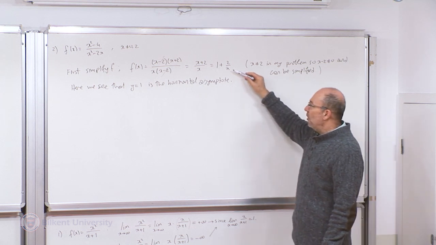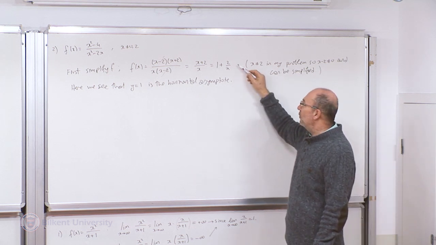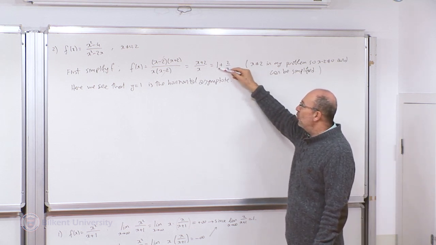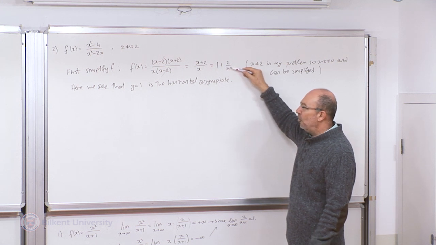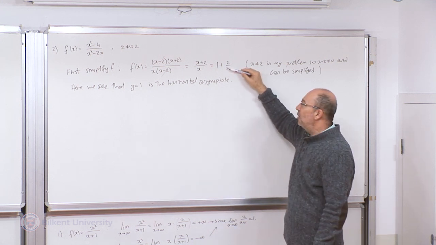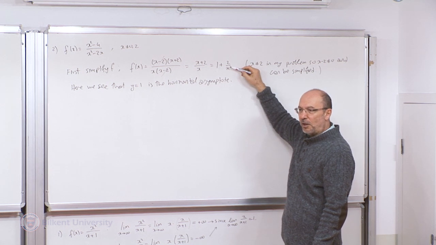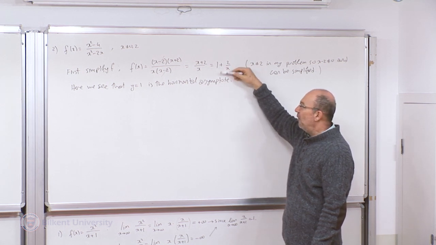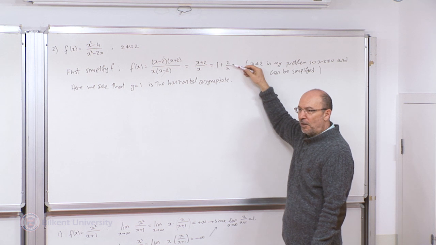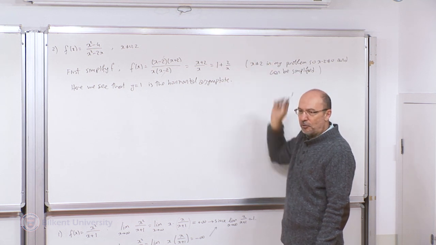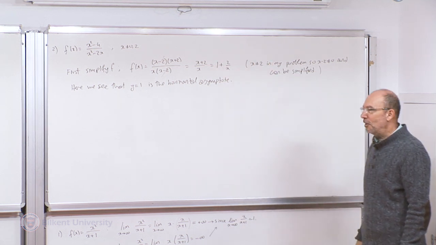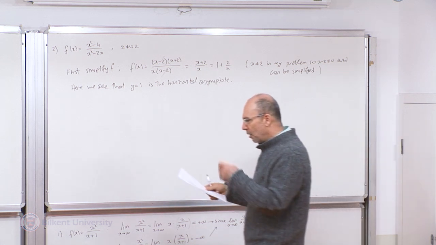When x is positive, when we are going to plus infinity, this is positive. So you add something to the asymptote to obtain your function. The graph lies above the asymptote there. When x is negative, the graph lies below the asymptote. When x is 0, nothing is defined, so we don't know what happens at 0.